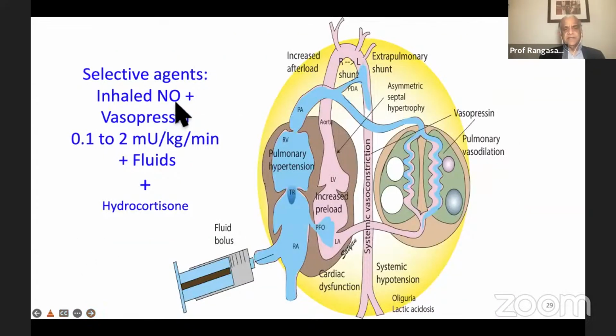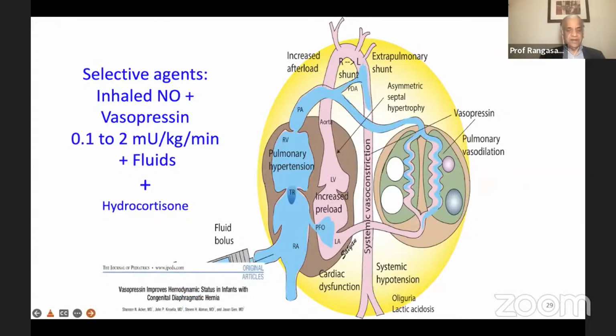This is the dose used in some studies with inhaled nitric oxide, 0.1 to 0.2 milliunits per kilo per minute. Vasopressin is ADH, so they may develop urinary retention and dilutional hyponatremia. So you want to watch for sodium levels, and decrease the fluid intake in anticipation of decreased urine output.